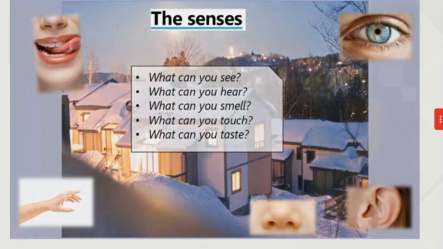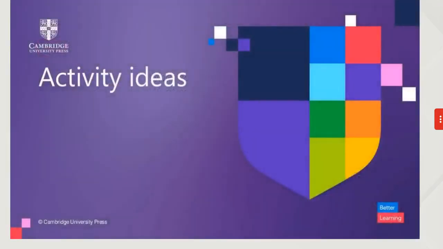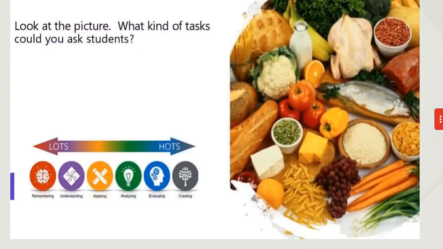Okay, moving on, because I know that we are short for time. I'm going to share some activity ideas. Maybe these ideas you could try out and adapt with some of your classes. I'm going to show you a picture. When you look at this picture, I would like you to ask, what kind of tasks could you ask your students to do just from this picture?